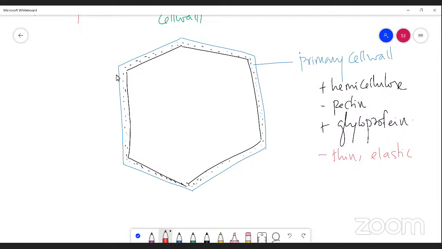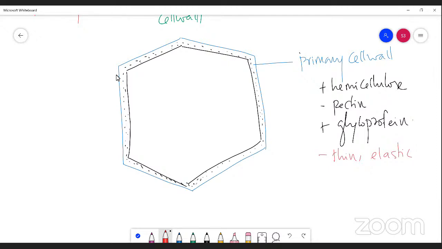As I said, the cell wall is differentiated into primary and secondary. Talking about the primary cell wall, it is made up of various components: hemicellulose, which is behind the primary cell wall, pectin, which is associated with the hemicellulose, and glycoprotein, which is associated with the pectin. It is generally thin and elastic.